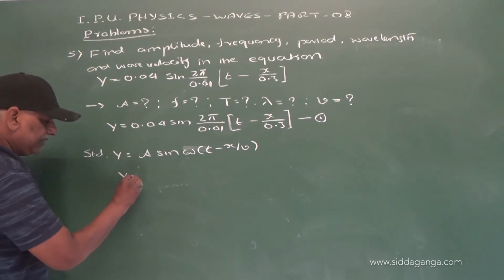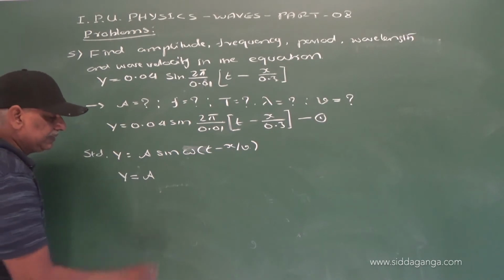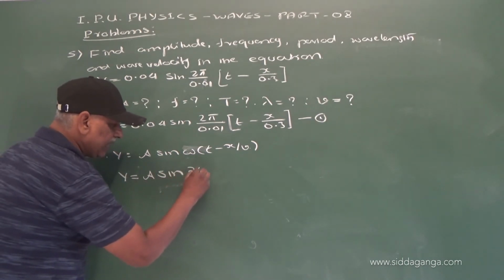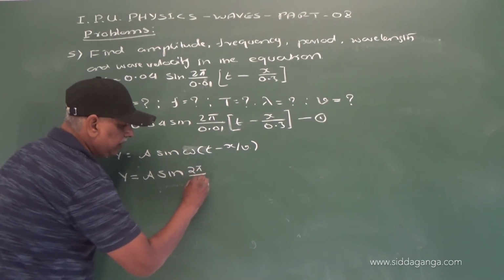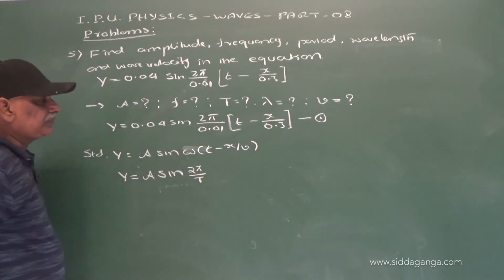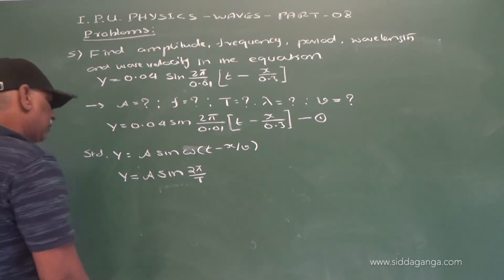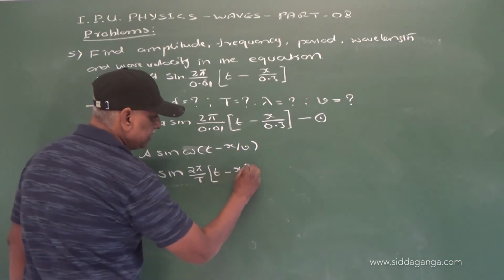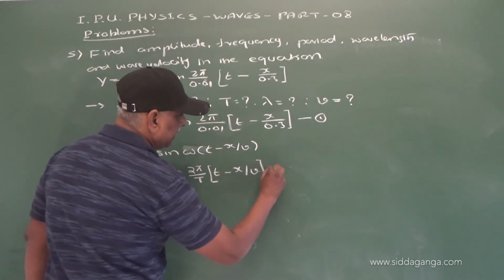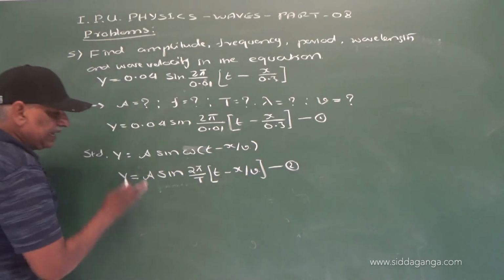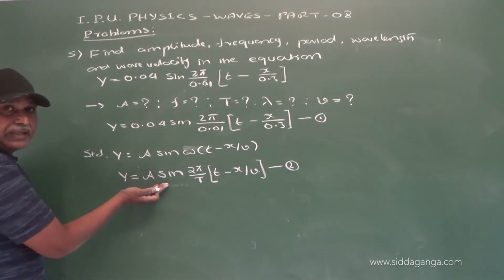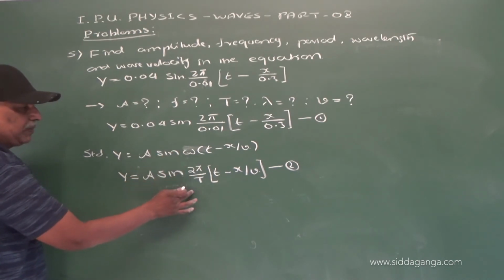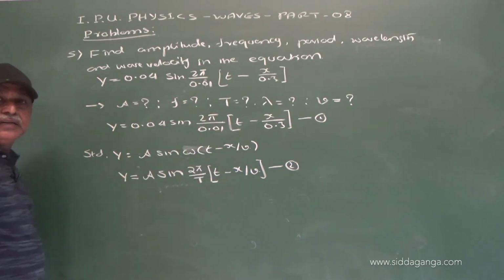Let us modify this standard equation. y is equal to a sin, this omega can be written as 2 pi by T, and this is t minus x by v. Now in this case we have altered the standard equation, so we replace this omega by 2 pi by T, then we can compare it with the given equation.